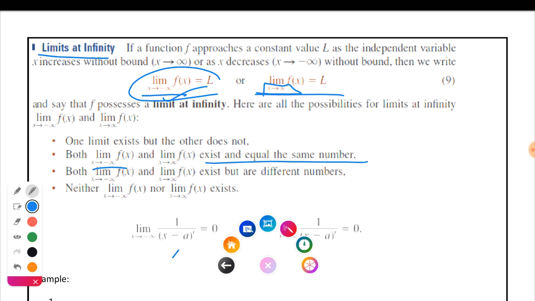Maybe the limits as x approaches negative infinity or infinity are the same or different. Or one of them exists and the other does not exist. Or neither limit exists; maybe both of them do not exist.